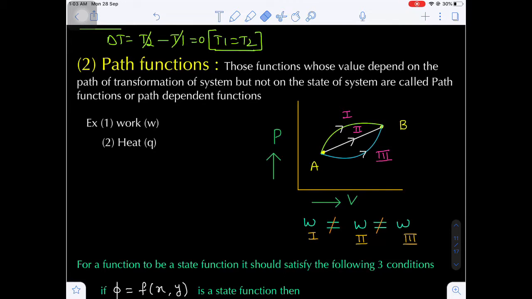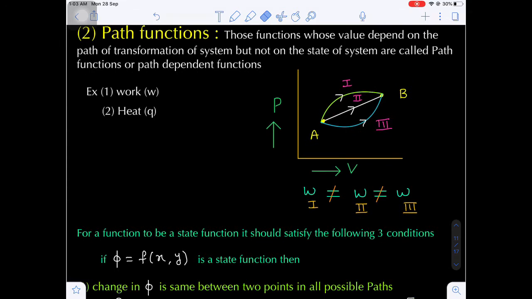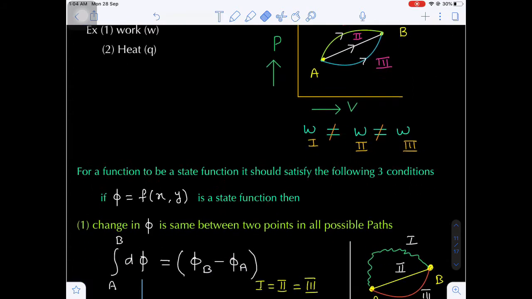In these three different pathways, the work done will not remain the same. Are you getting my point? The work done in path 1 is different from path 2 and different from path 3. That's why this is called a path dependent function. Work done depends on what? Path. And heat exchange also depends upon the path of the transformation of the system. Are you getting my point?